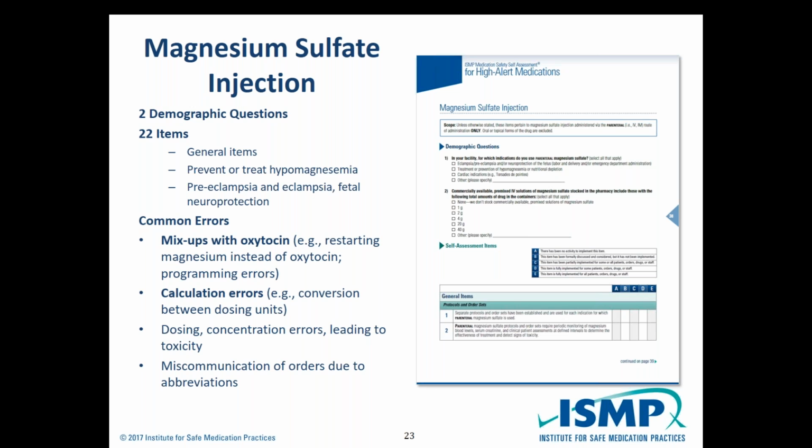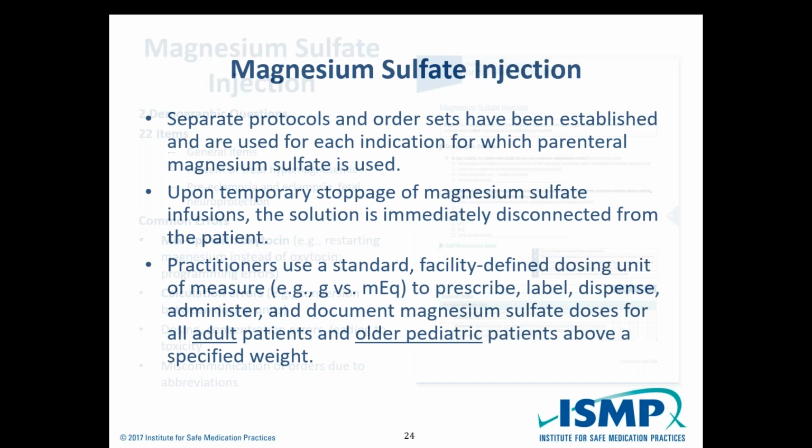So here we have 2 demographic questions and 22 items. And these items, once again, may be addressing specific things such as preeclampsia and eclampsia, but also some general sections too on errors that we may get in from our error reporting program dealing with magnesium sulfate.